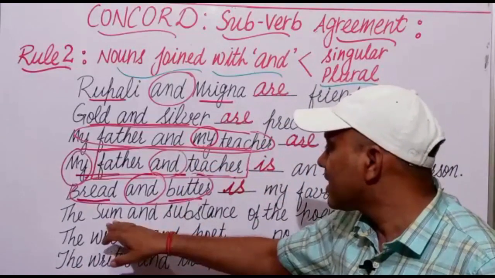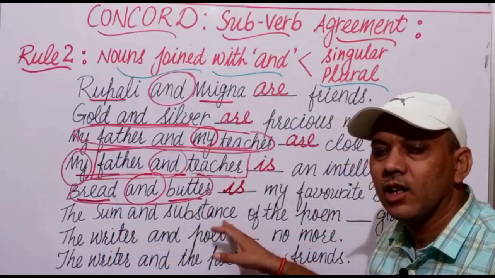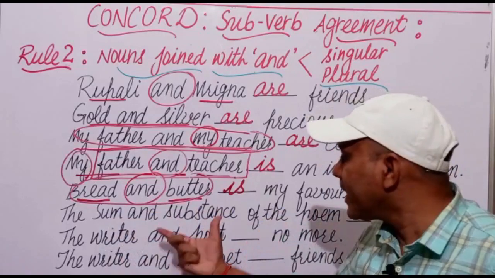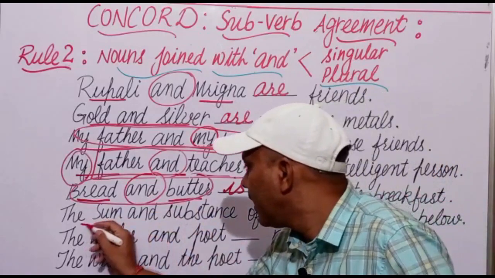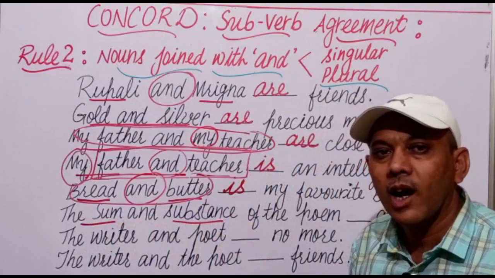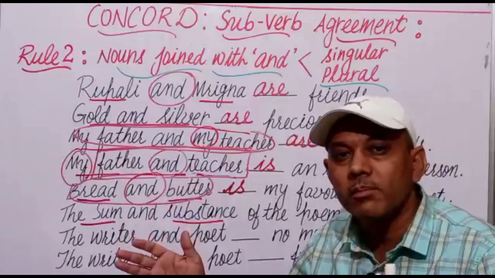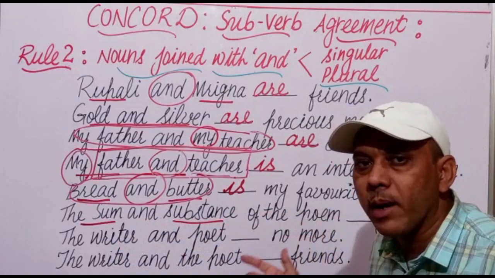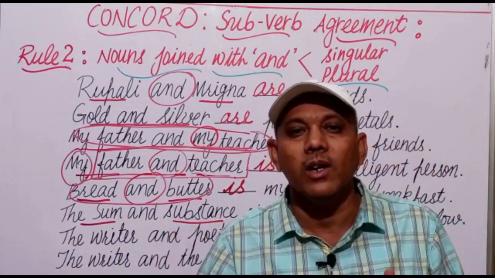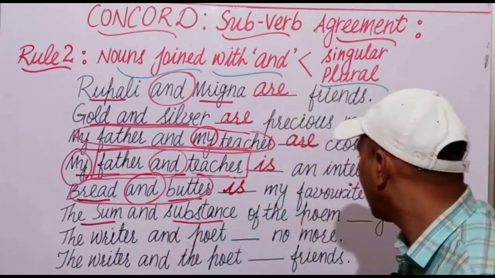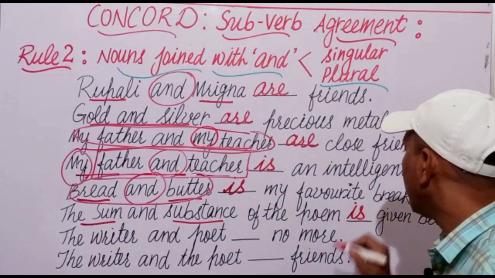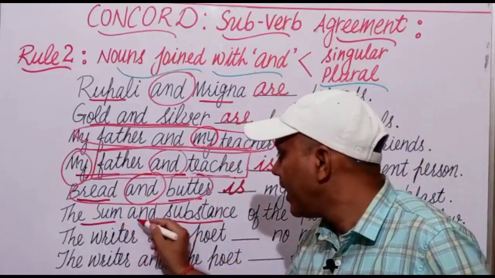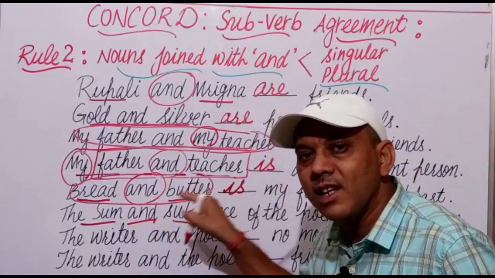Next is the sum and substance. The sum and substance means the conclusion. It becomes singular. Sum and substance of any topic, of any poem. The sum and substance of this poem is given below. Is, a singular verb for a singular subject. And keep this thing in your mind.